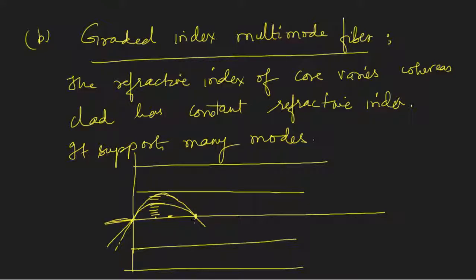So what is the advantage in graded index fiber? Different modes travel with different speeds and different optical paths, due to which they combine to reach at almost the same time, like this.